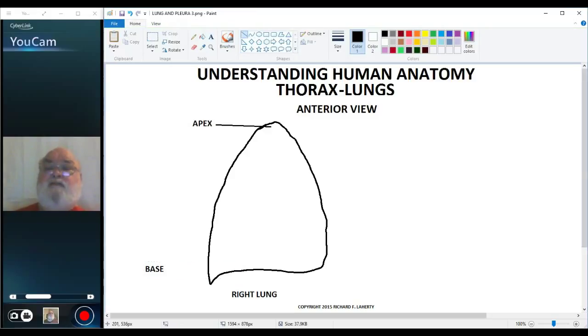And the base of each lung sits on the diaphragm. Remember, we drew the diaphragm in a previous slide.